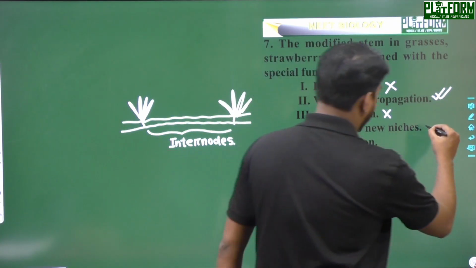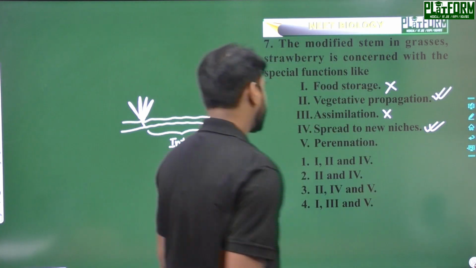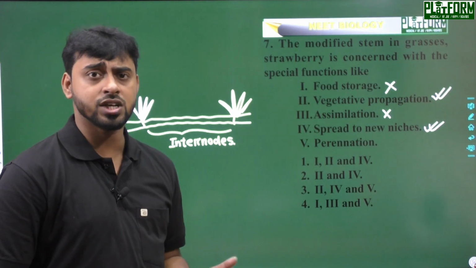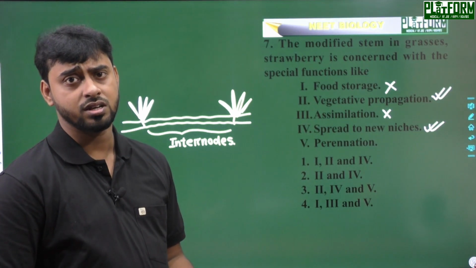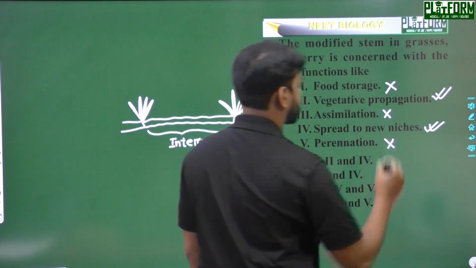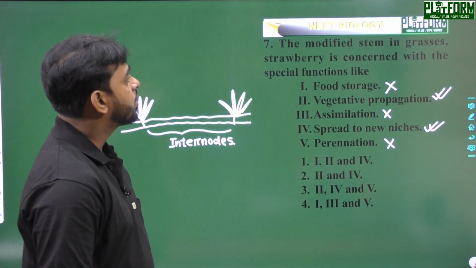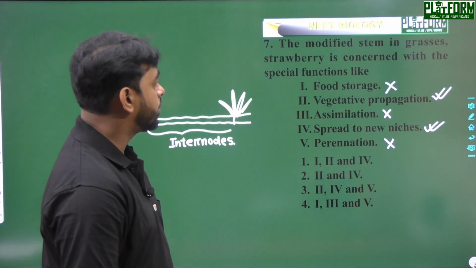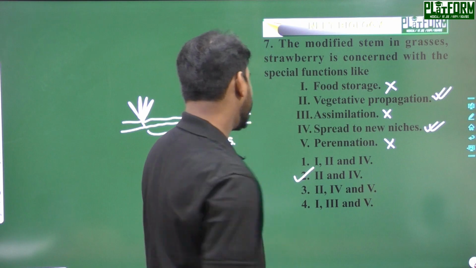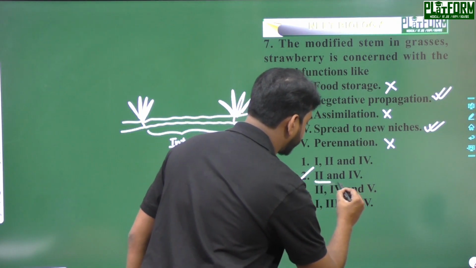So this is also the right statement. And again the word perennation. Perennation means resting structure. So runner is not at all a resting structure. So the correct answer will be 2 and 4. So here it is written, that's the option 2.